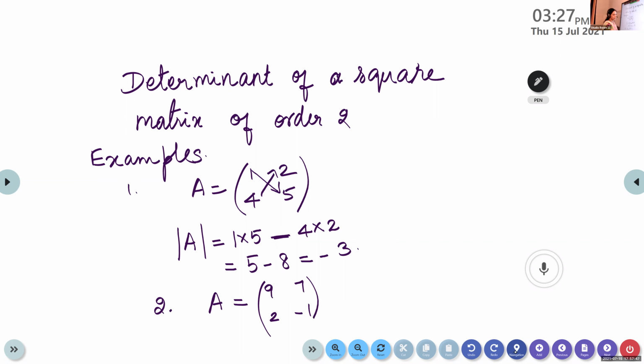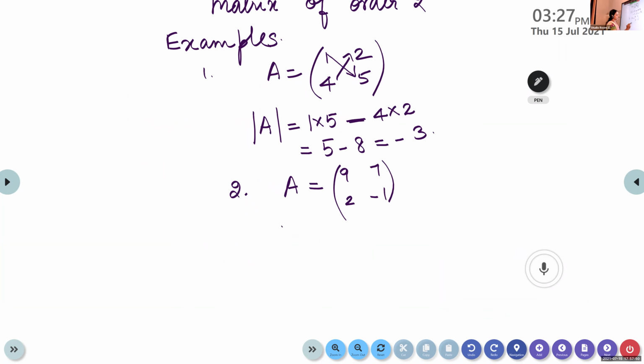Give me determinant A. How do you calculate? 9 into minus 1 plus 2 into 7. Is it plus here? Ma'am, minus. It is minus. In the middle, we have to put minus. So it is minus 9, minus 14.